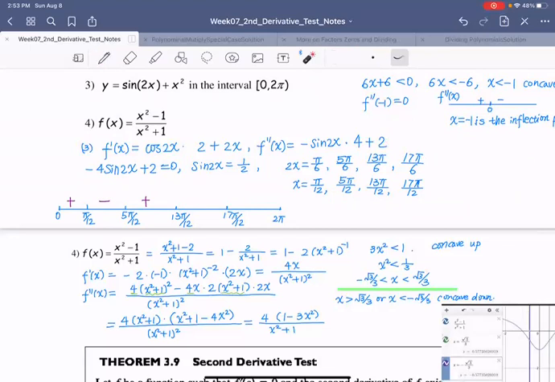And you can see here, if x is bigger than 13 pi over 12, then 2x will be bigger than 13 pi over 6, okay? Bigger than 13 pi over 6, what does that mean?